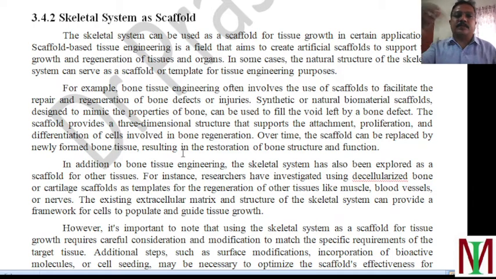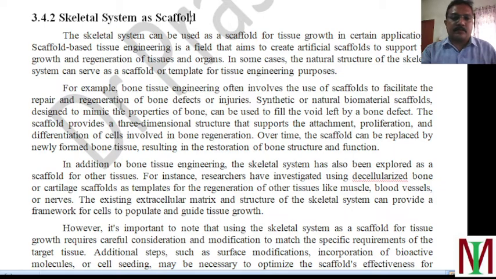You take the same cells and grow the required extra growth. For that, either we can use an artificial scaffold, or we can use the bone itself, the holes present inside the bone, as the scaffold. That is explained here.